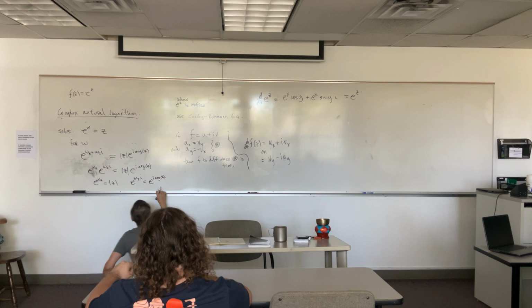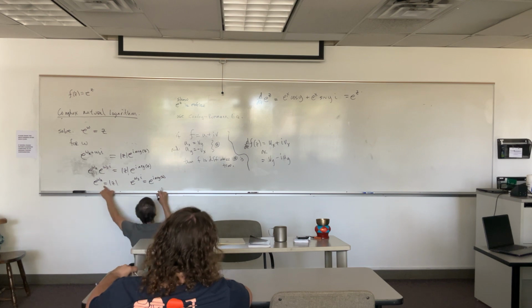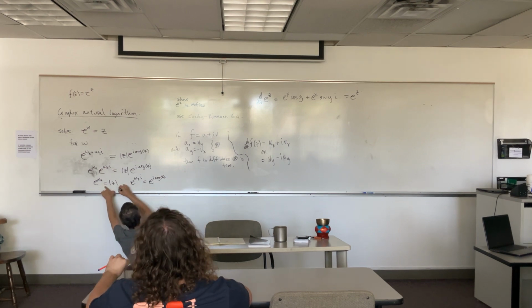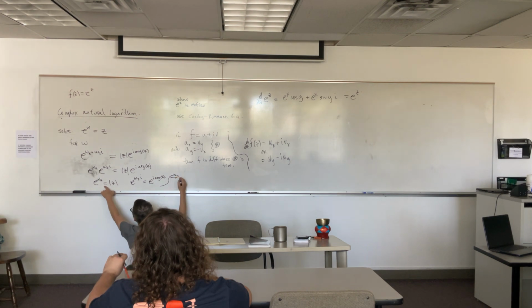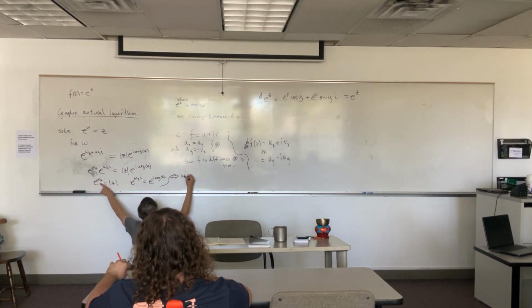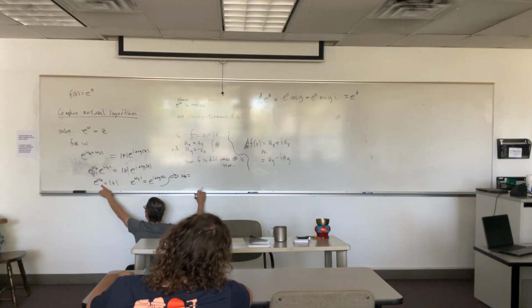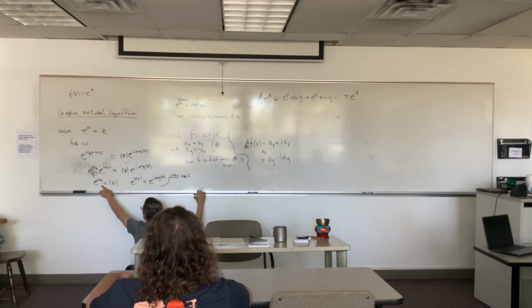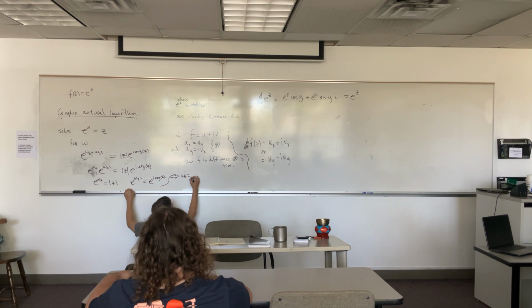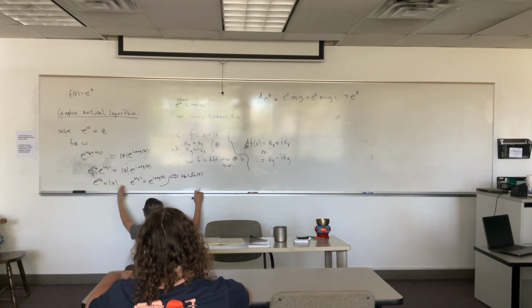Let's take this. So now what's w_r? How do I solve this equation? This is just real number stuff, as long as z is not 0. Natural log of the modulus. Beautiful. Natural log of the modulus of z. That's just old school pre-calc.